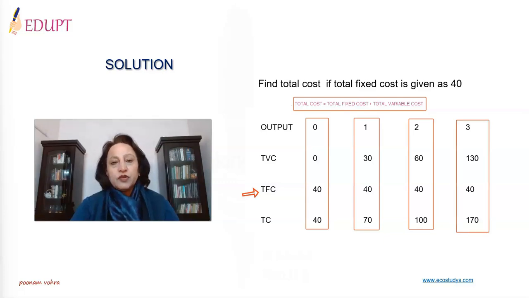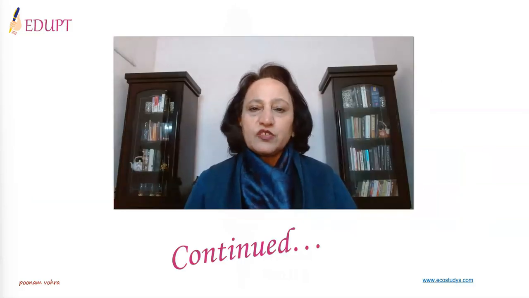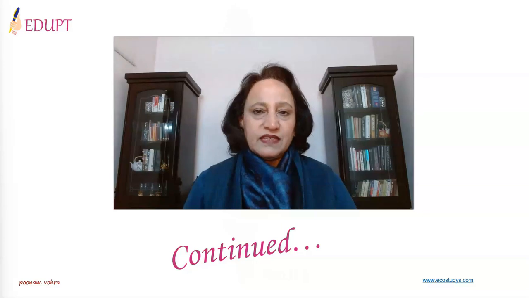For the third unit produced, total variable cost is 130, fixed cost remains the same at 40, so total cost is 170. It's simple.